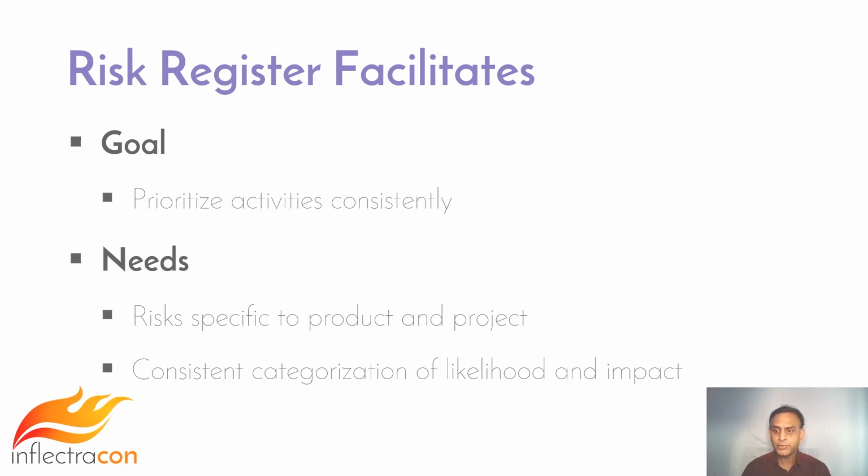It could be something specific to a product risk, like a missed opportunity to penetrate a specific market segment or develop a specific functionality that the customer asked for, or it could be a project risk impacting schedule, scope, cost, and quality. By using a consistent scheme for categorizing the likelihood and impact, the risk register helps with an objective approach to prioritization.